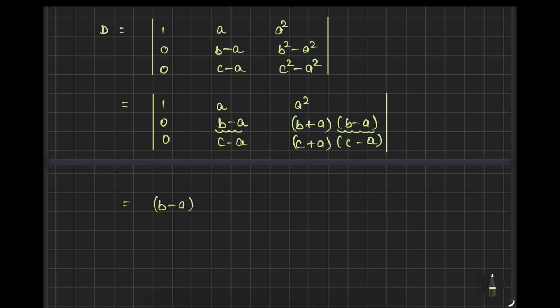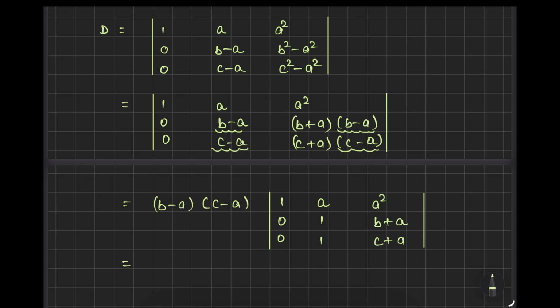And if you observe row 3, it is c minus a, c minus a. So can I take c minus a common from row 3? And how does the remaining thing look like? So 1, 0, 0, a, 1, 1, a square, b plus a, c plus a. Comfortable?